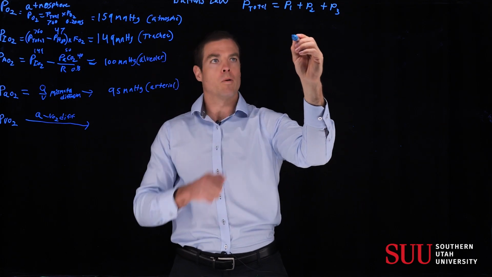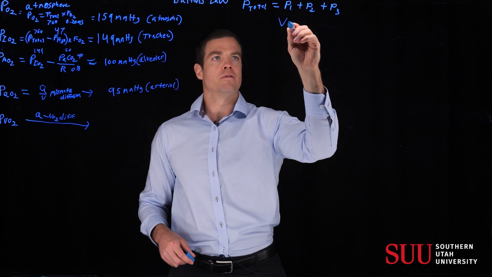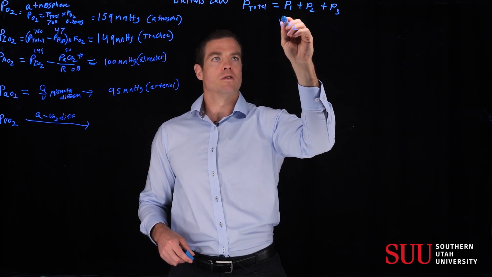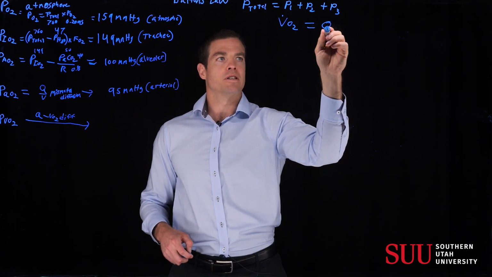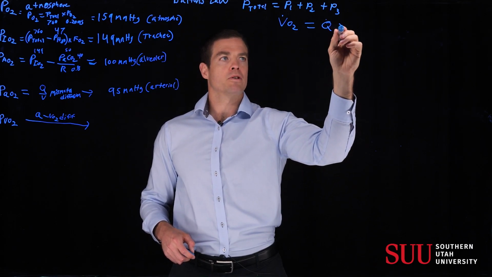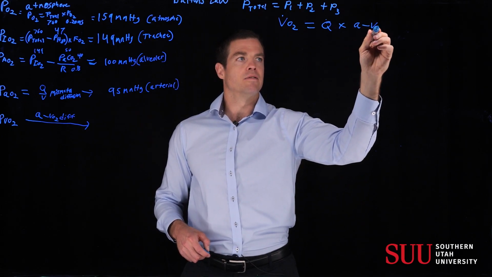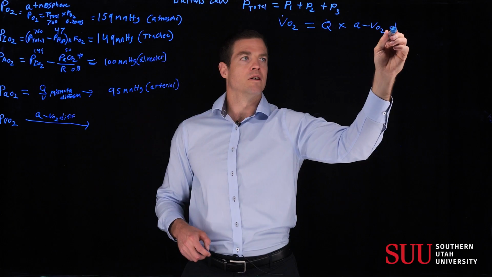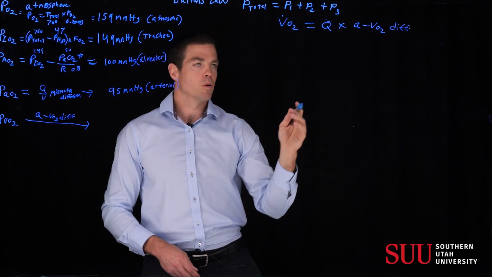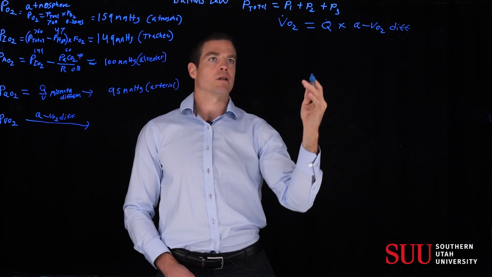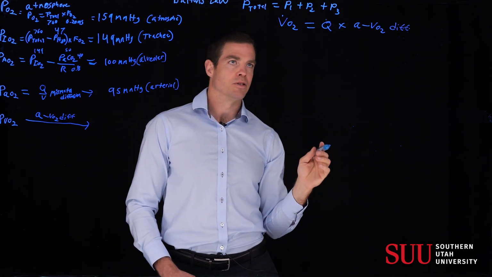So remember that we want to look at the VO2. So our VO2, put a dot there, is equal to our cardiac output, that's Q, multiplied by the AVO2 difference. And we can do some calculations with this, all right, to figure out what this AVO2 difference is.